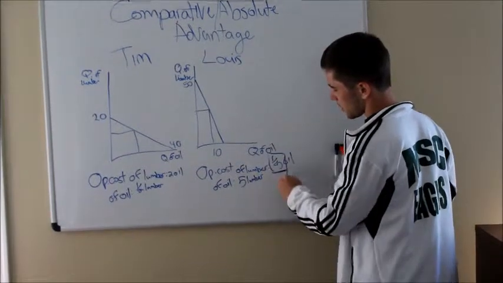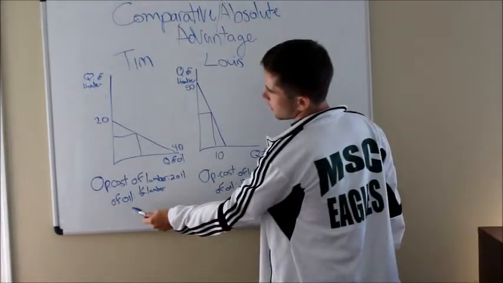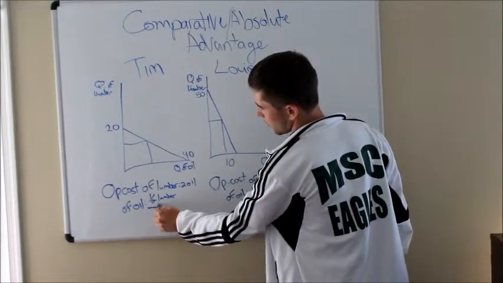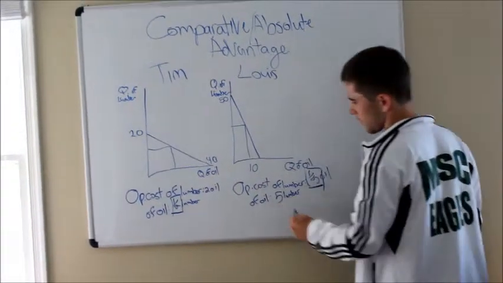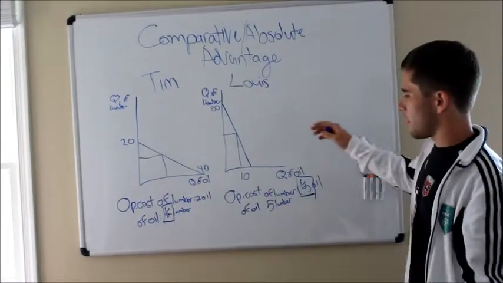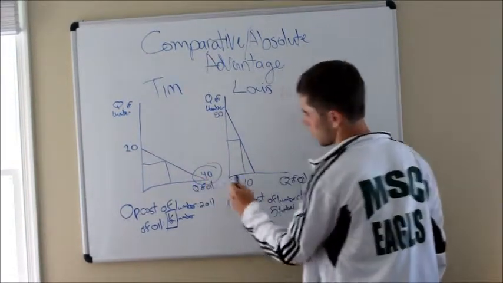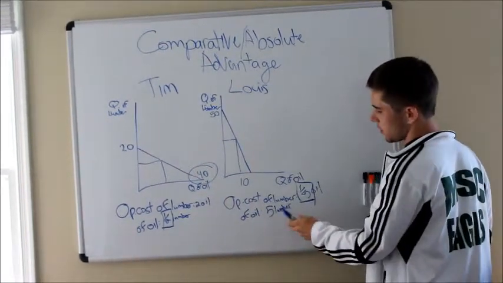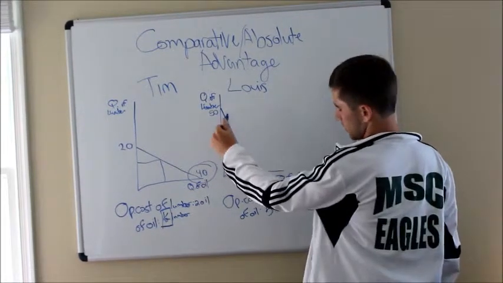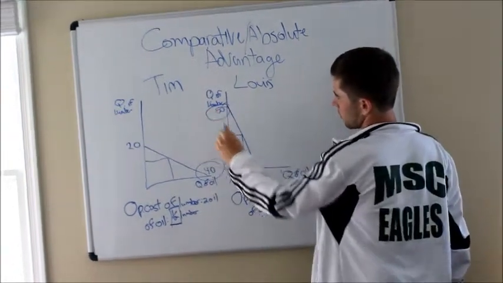So he would want to specialize in lumber, and for Tim it would be oil because it's 1/2 instead of 5. So then Tim would specialize in oil, which would be at 40, and Lewis would specialize in lumber.